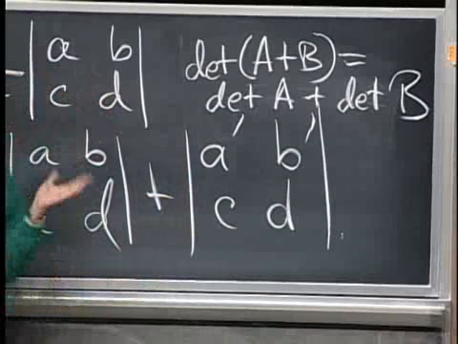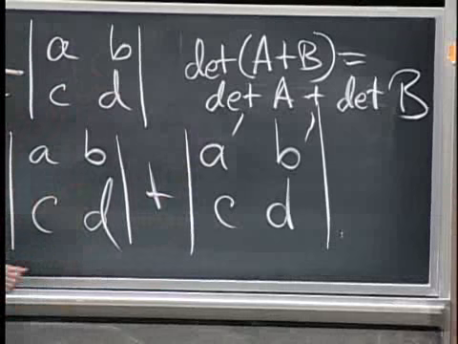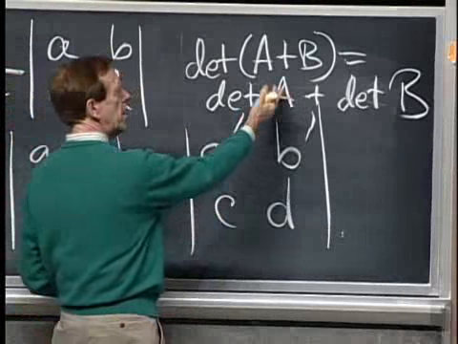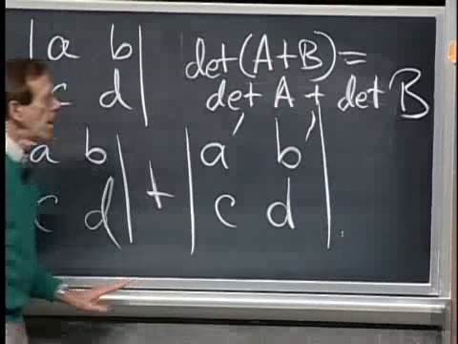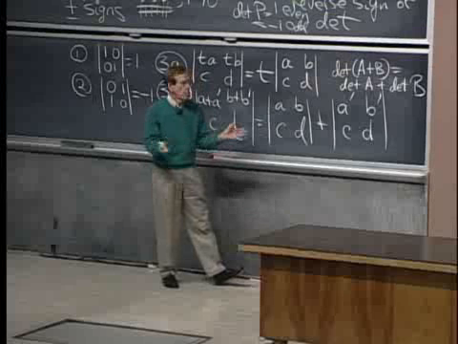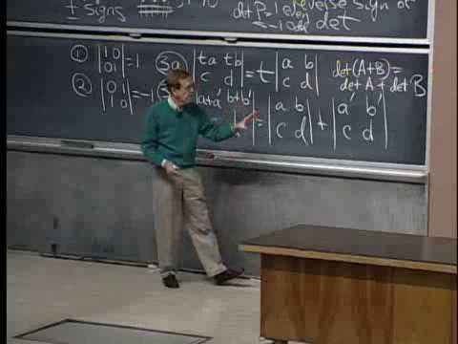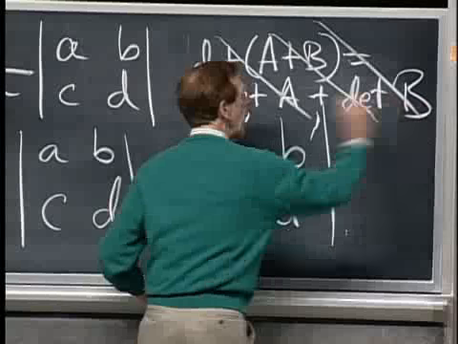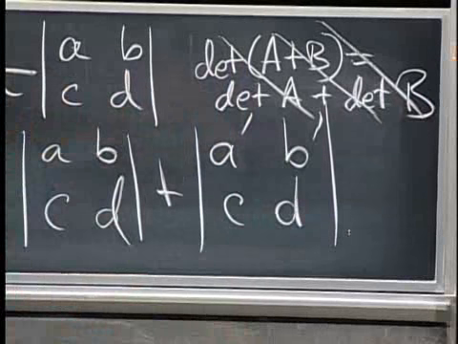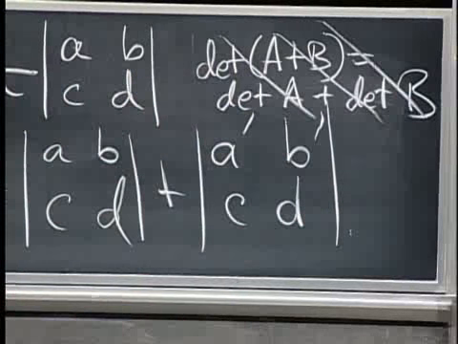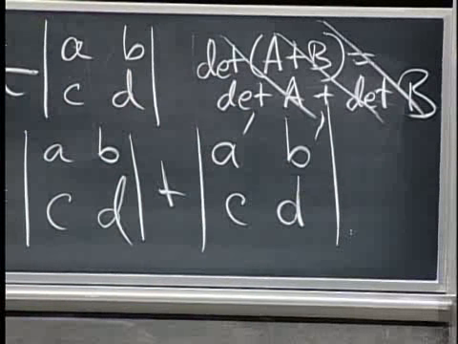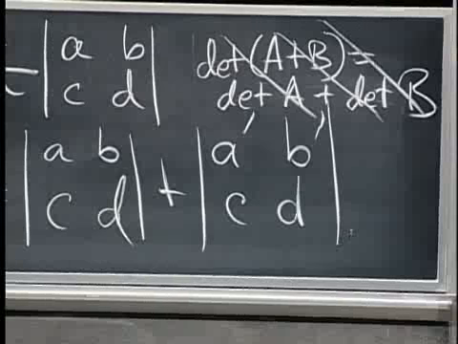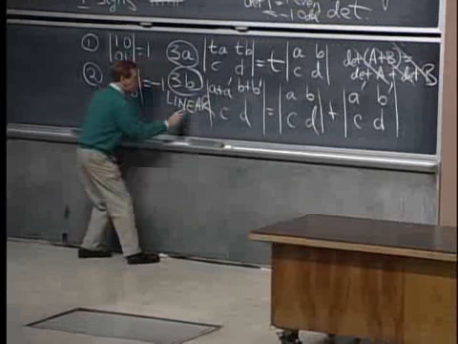This would allow all the rows of A and a bunch of rows of B. That's not the linearity I'm after. I'm only after linearity in each row, linear for each row.